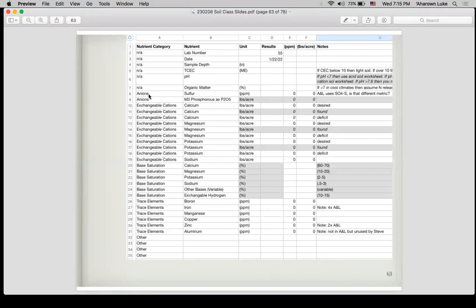Then you have anions, that is sulfur and phosphorus. Those things are negatively charged. They have an extra valence electron. These cations are positively charged and they've lost a valence electron.